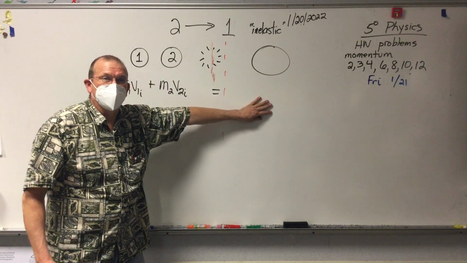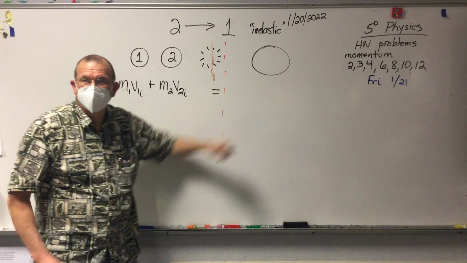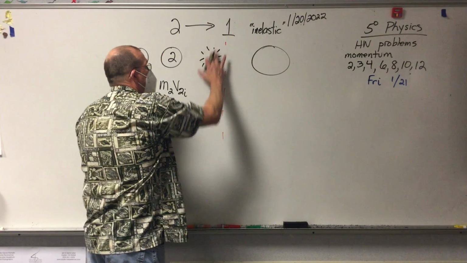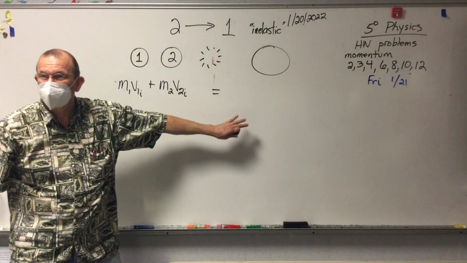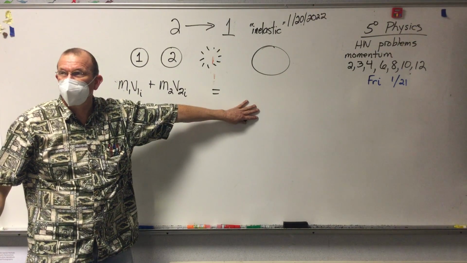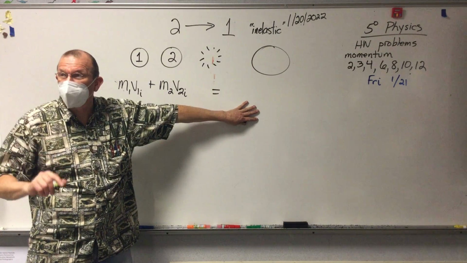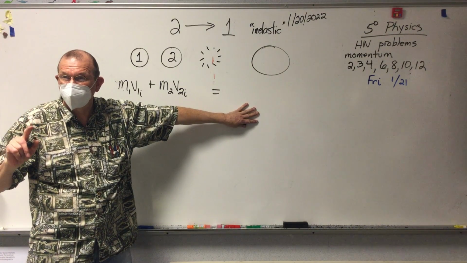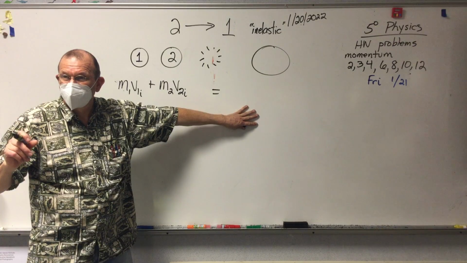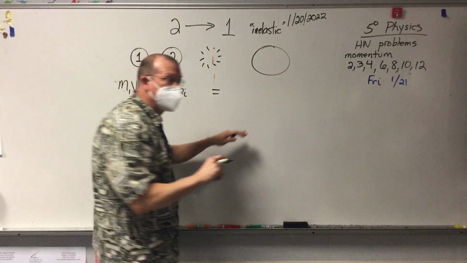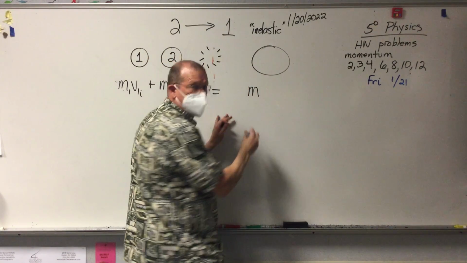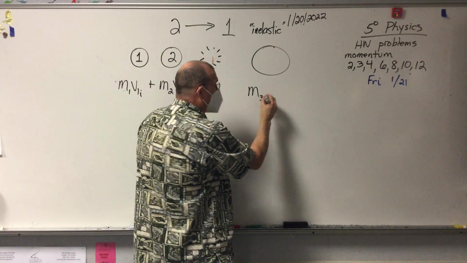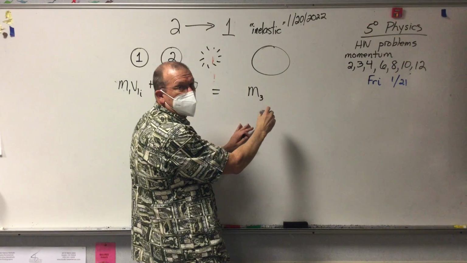What's going to be different over here? See if we can hurry and get this. How many terms are we going to have over here? Only one. What is it going to be? Go for it. Now, we'll start with that. You're going to call this M3, and what would you have the V be?